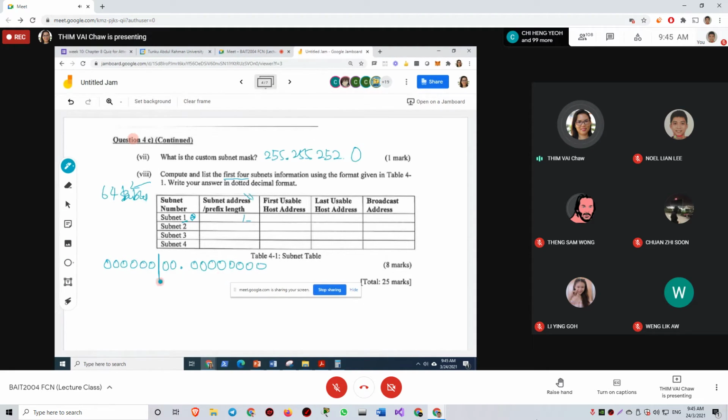I use the bit pattern first. The first bit pattern is definitely a network portion bit, so the number in front will not be changed. That's why I'm going to write 17. Is it called 17?